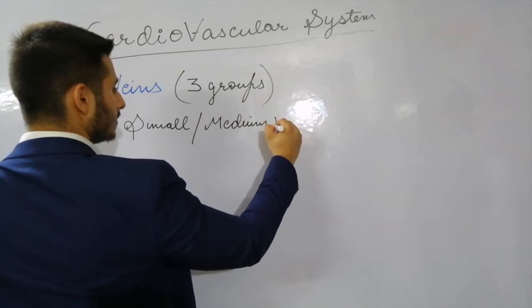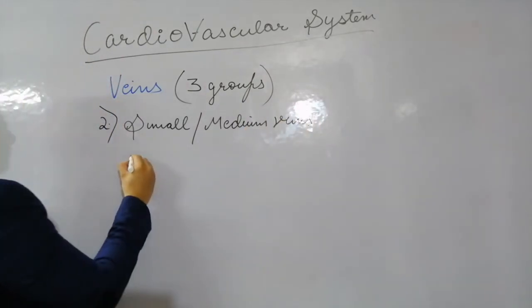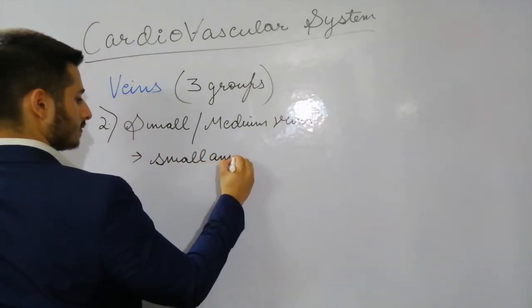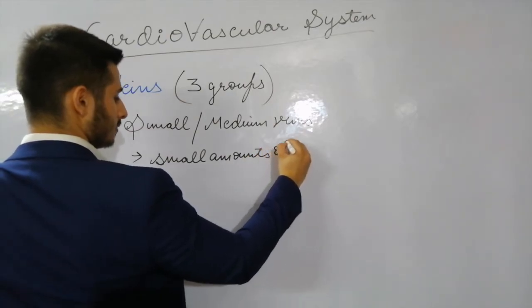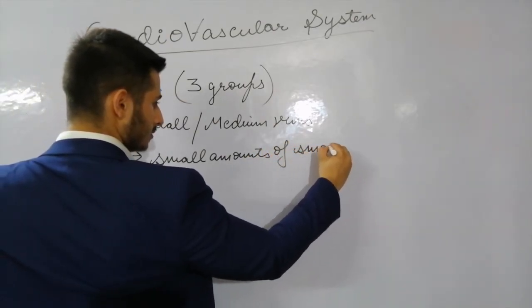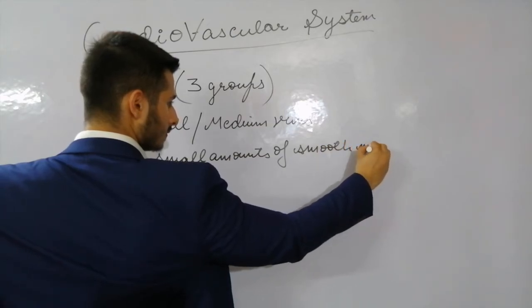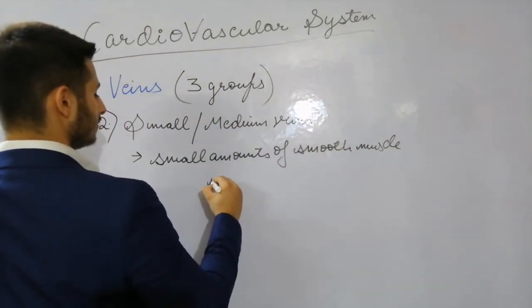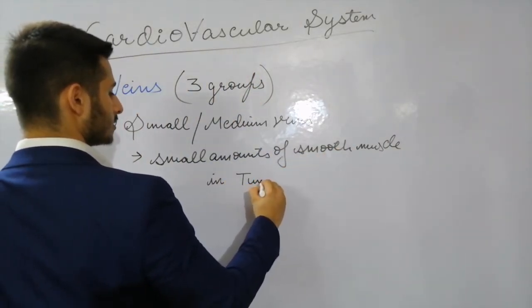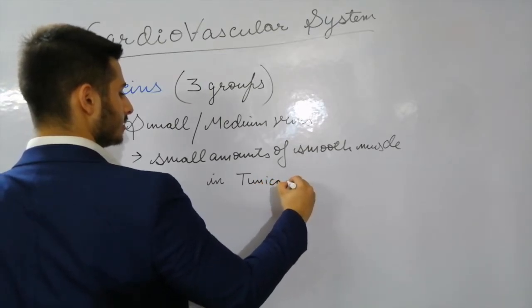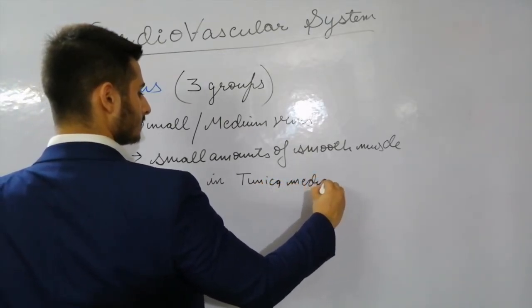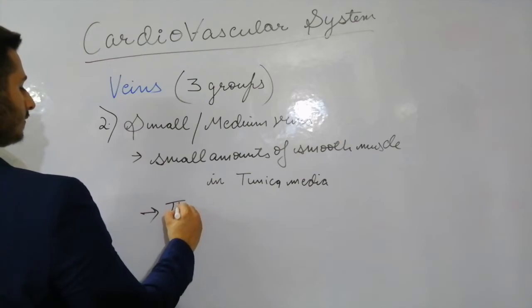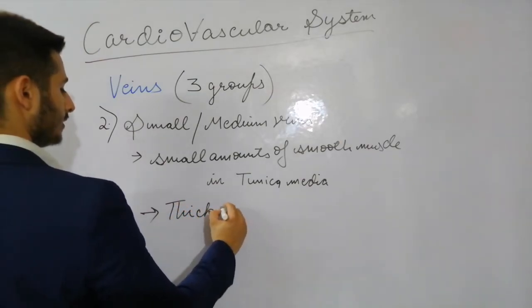These veins have small amounts of smooth muscle in the tunica media, and they also have a very thick tunica externa.